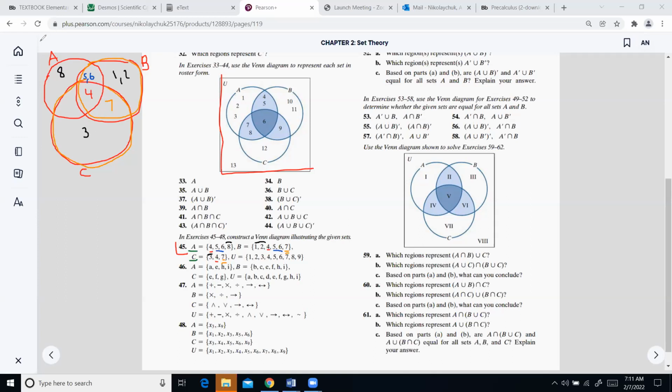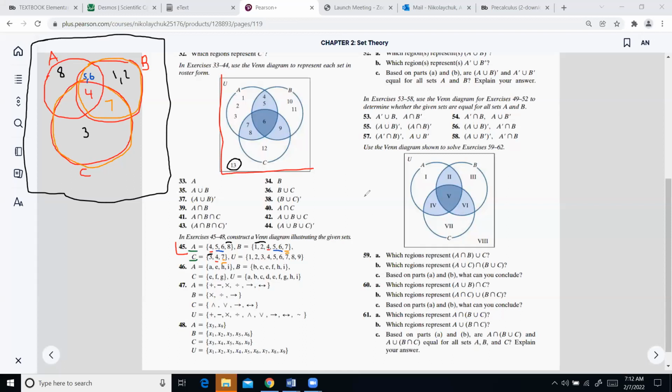So I have put everything inside of those sets, but there is one more thing that I need to keep track of. Remember, there is the so-called universal set. Like in the previous example that we did, there was element 13 that did not belong to any of the sets that we have.